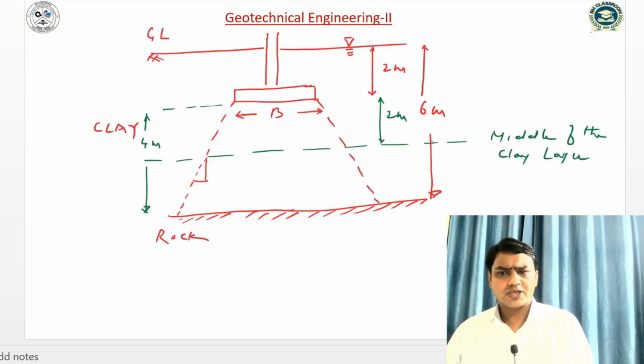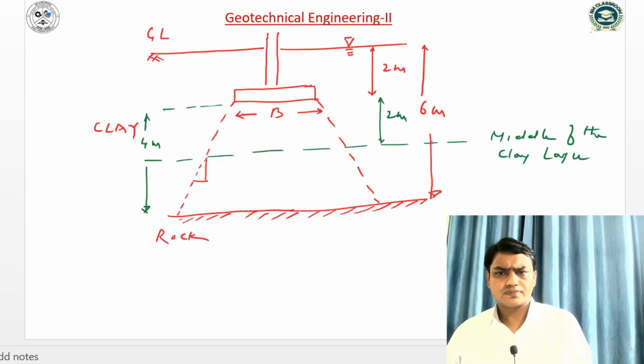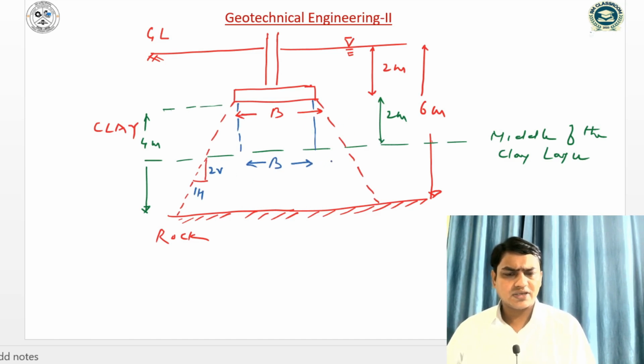Now the load is dispersing. It is 2 vertical to 1 horizontal. So if I compute, this width is B, and what is this depth?